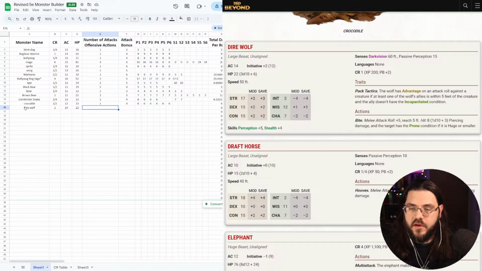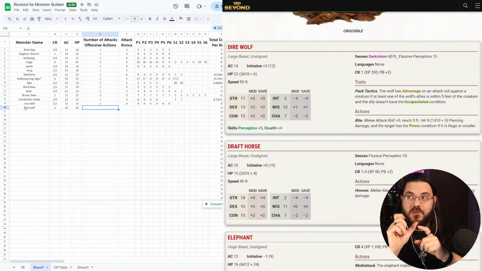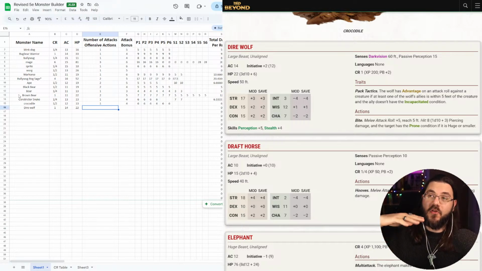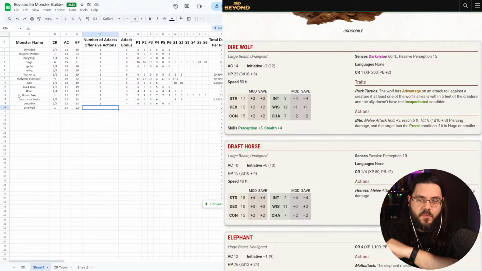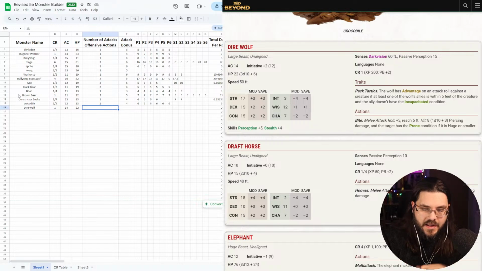I think that the early levels are going to be much easier than they used to be, and we might see, I think we might have a new TPK tipping point where we get a level where the monsters suddenly become much more powerful comparatively than where they have been, because by the descriptions and by the stat blocks that I've seen, higher level monsters all seem to be punching way harder than they used to.